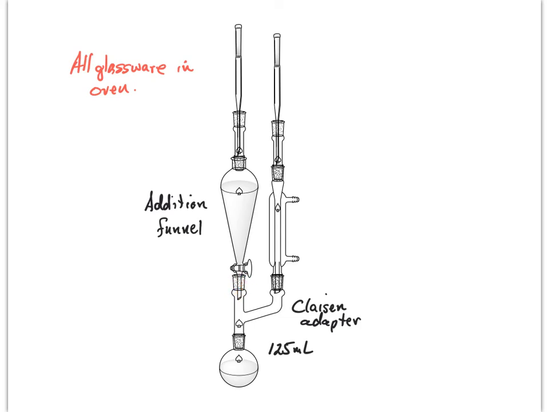So anything that's going to end up in the round bottom flask, we put in the addition funnel, and then we can add it and not open our round bottom flask to the atmosphere, right?